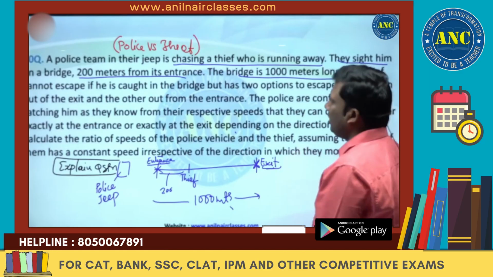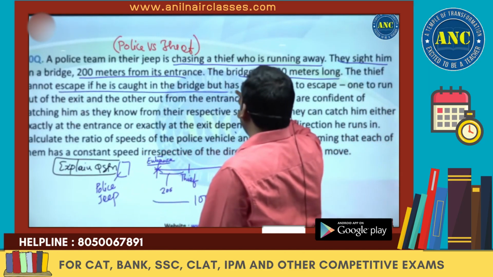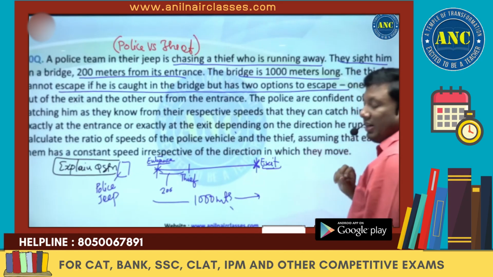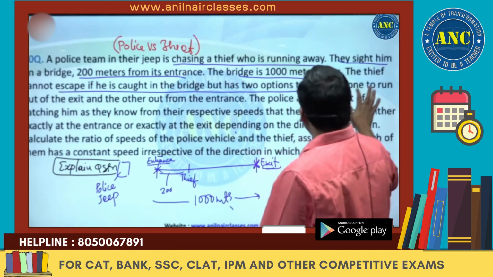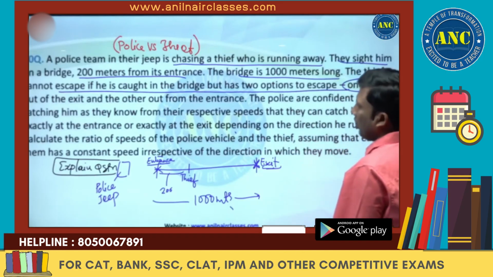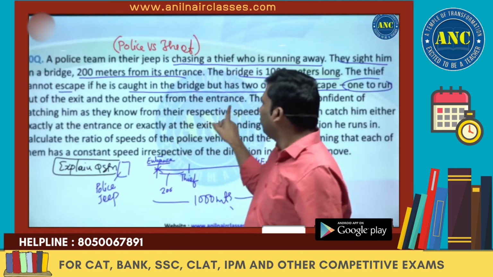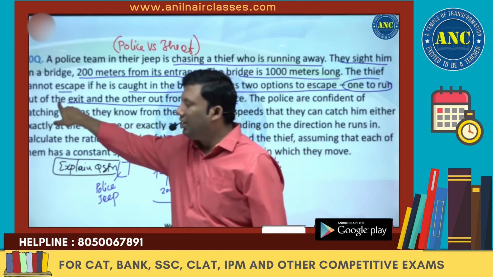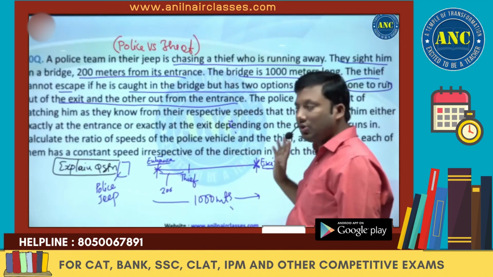The thief cannot escape if he is caught on the bridge, but has two options. It is given in the question that he has exactly two options: one to run out of the exit and another to run out from the entrance. Either he can come to the entrance or to the exit.